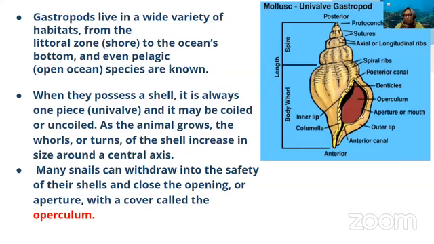So here you can see the outer lip. This is called the inner lip. And these are the spiral ribs.